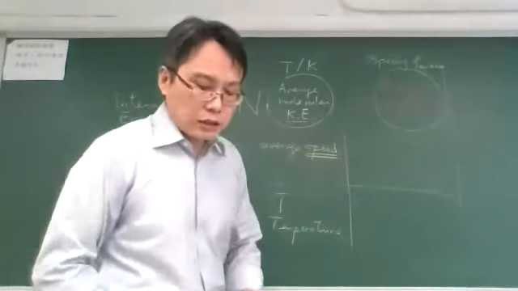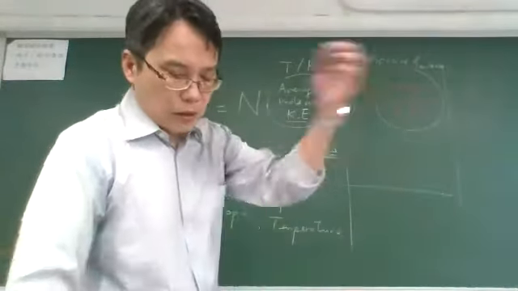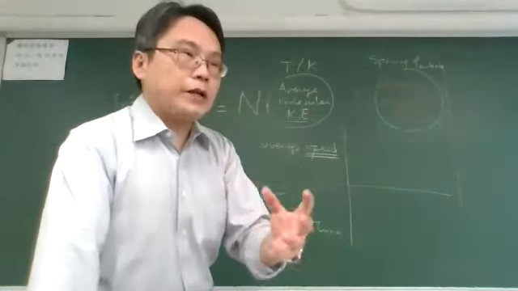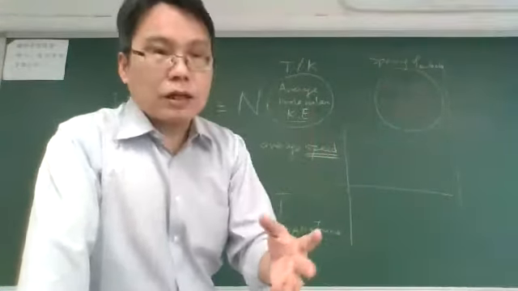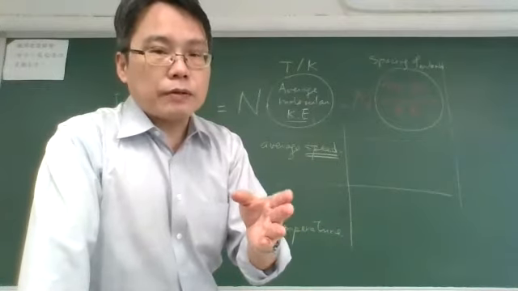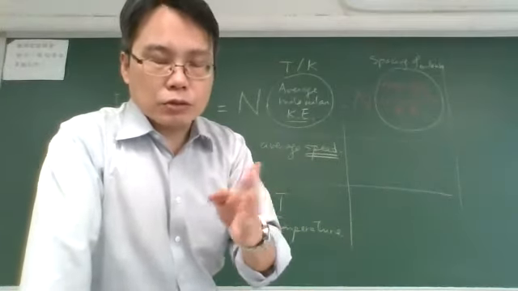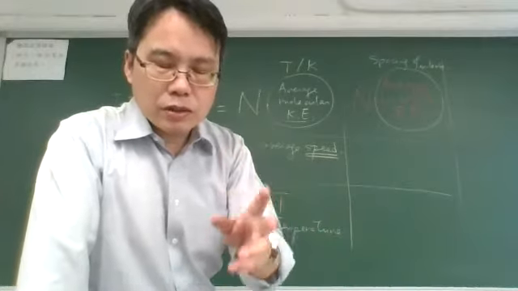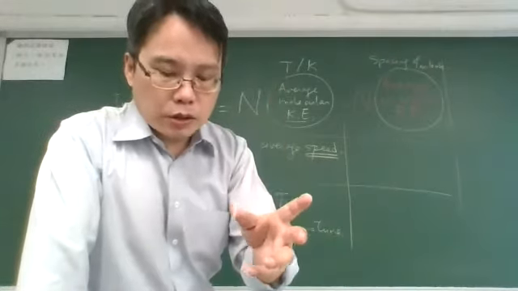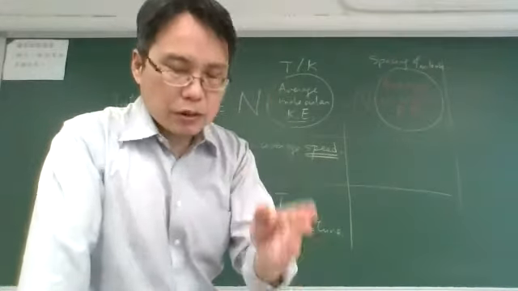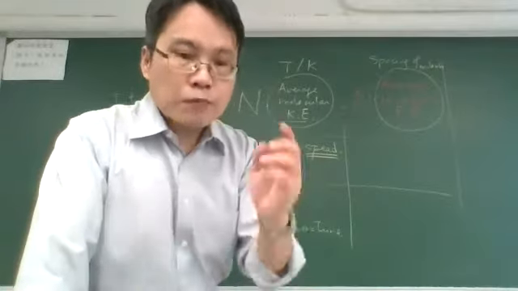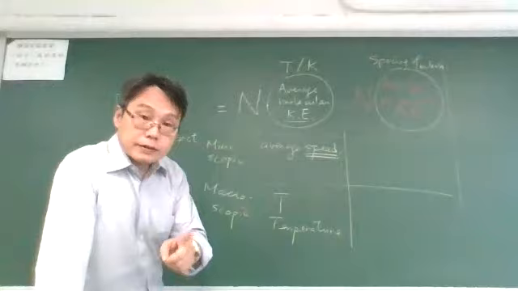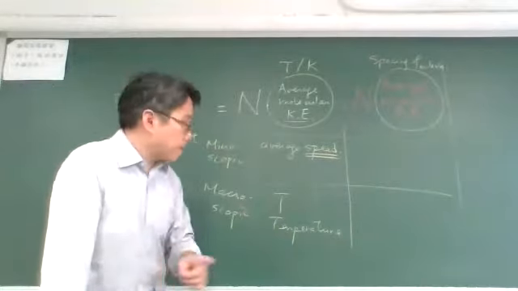How do we distinguish these two concepts, which is microscopic and which is macroscopic? You can use one method: ask yourself, can this physical quantity be measured? Can it be observed directly? If yes, then it is a macroscopic concept.